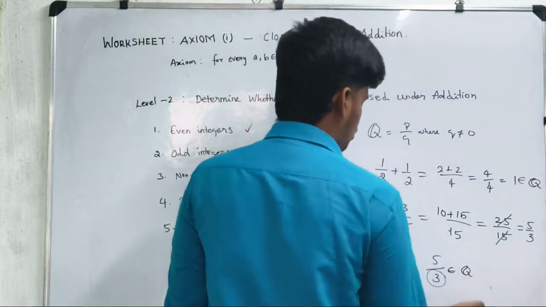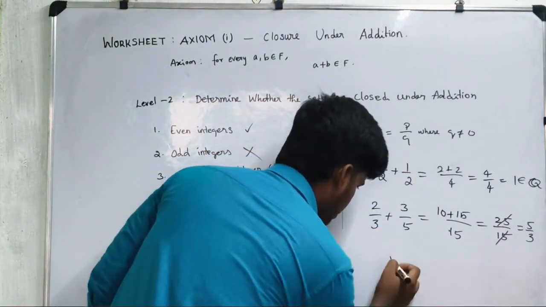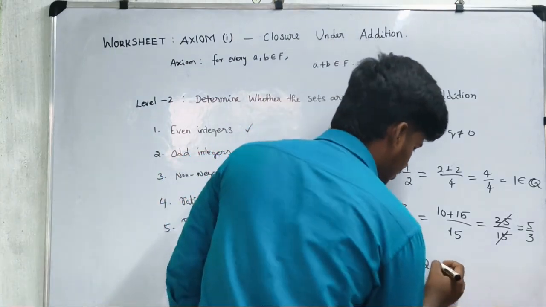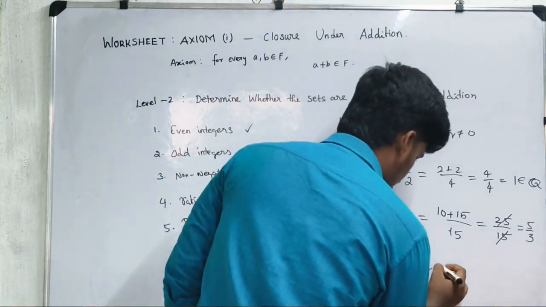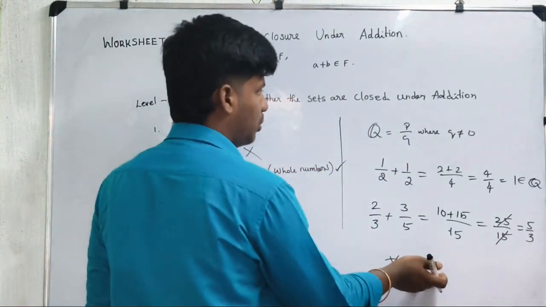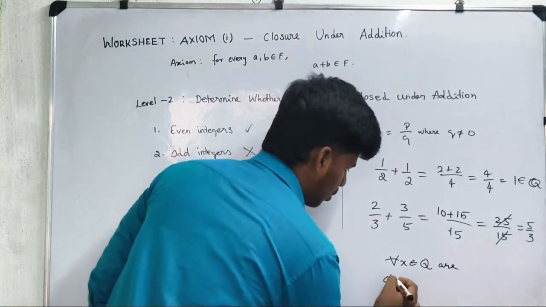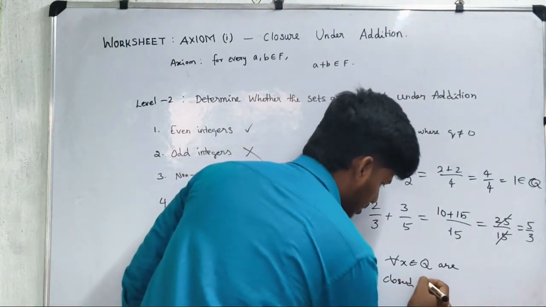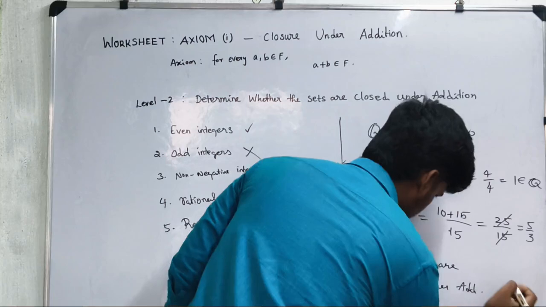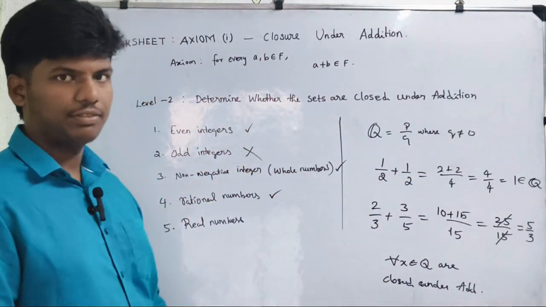So this also belongs to Q. By that we conclude that for any x belonging to Q, they are closed under addition. So this fourth one is also satisfied.